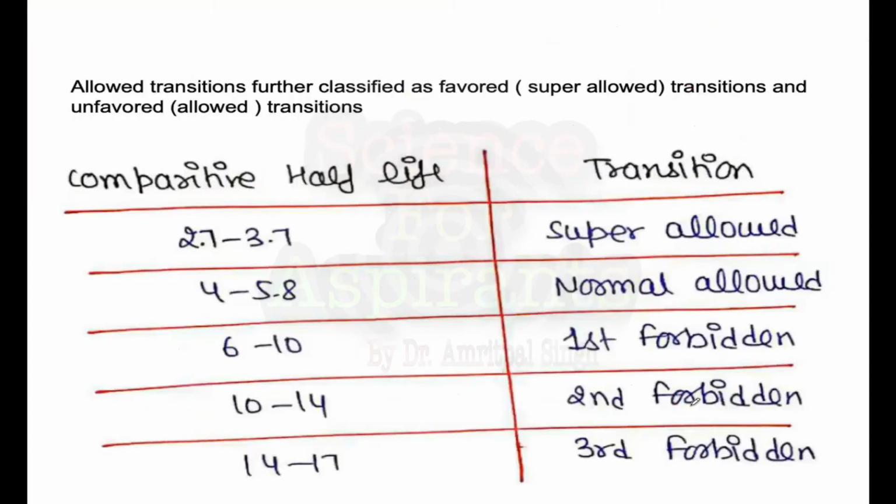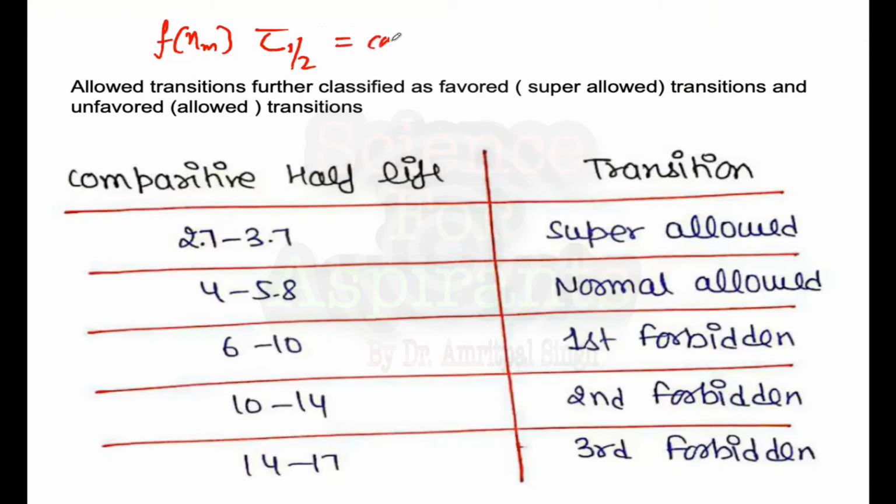And whether these transitions are allowed transitions, first order forbidden or second order forbidden depends upon the value of the comparative half-life. The comparative half-life we generally find from the transition probability using the Fermi theory, and it is dependent upon a function f_n times τ 1/2, where τ is the half-life period, and the f_n function depends upon the density of states and the matrix element of this Fermi theory.